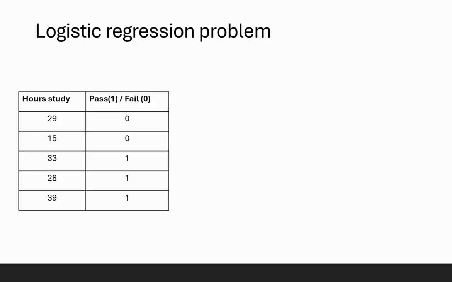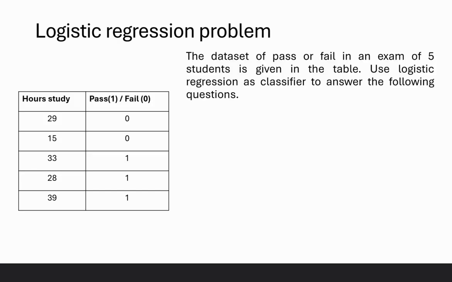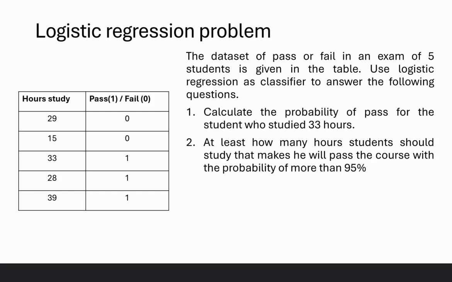We are going to solve a problem based on logistic regression. This is a data set which describes the hours of study of 5 different students, and based on the hours of study, whether they pass or fail. We are going to use logistic regression as a classifier to answer the following questions. The first question is to calculate the probability of passing for a student who studies 33 hours.